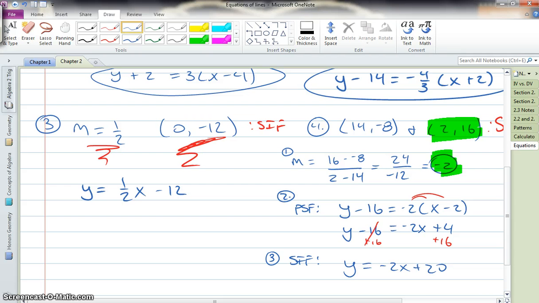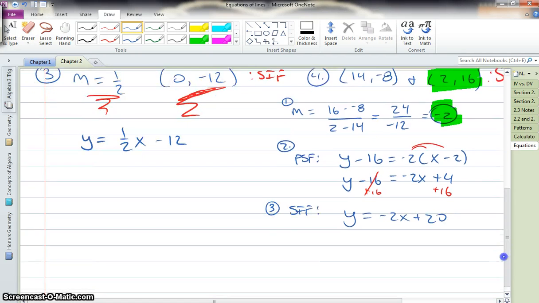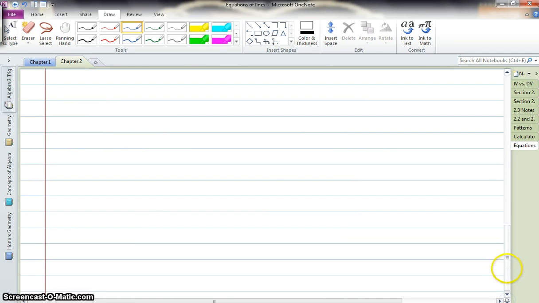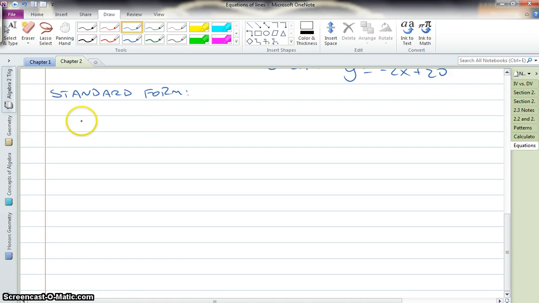All right. Now, that last equation we have is standard form. Now, I did a general form up top, which was ax plus by equals c.